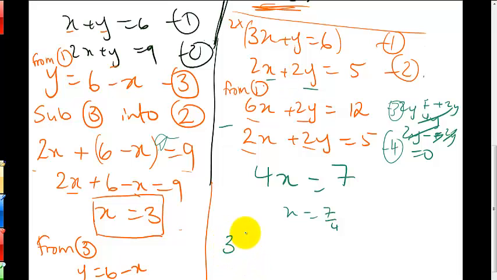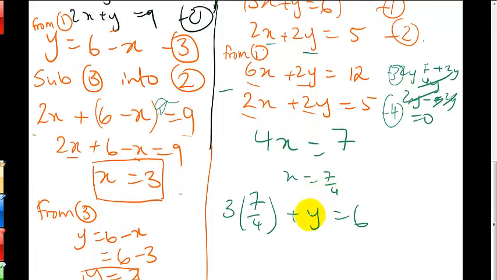So 3 times x, but x is now 7 over 4, plus y is equal to 6. You get that? Yeah. You just got to solve for y now. 3 times 7 is 21, 21 over 4, plus y equals 6.